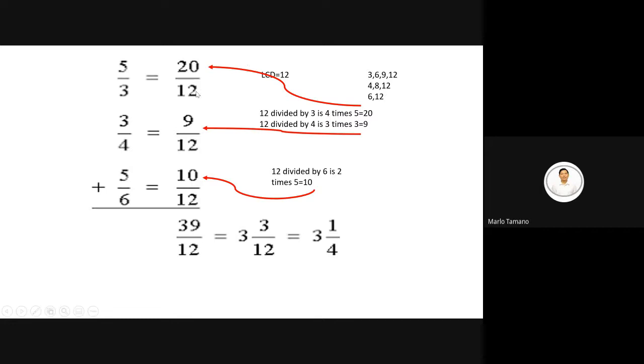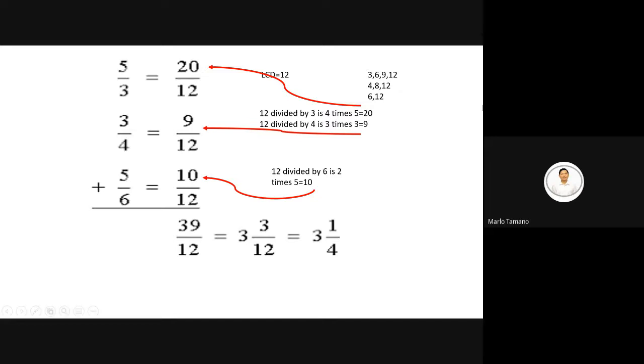Kopyahin na ninyo, yun po yung ilalagay nyo denominator ng bago ninyong fractions. So 12, 12, 12. Pa-vertical ngayon tong ginawa ko. Siguro magtataka kayo, ganyan yung method namin nung grade 6 kami.